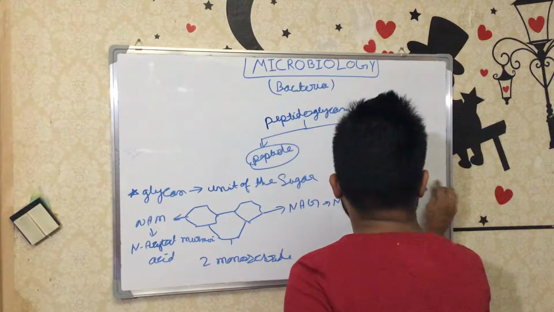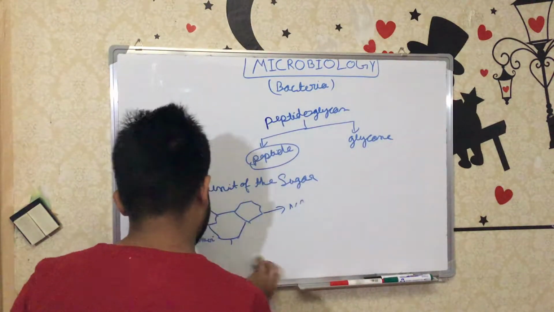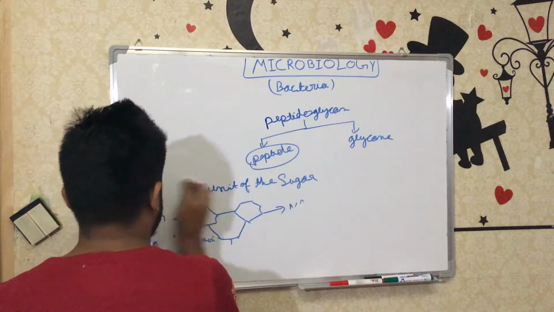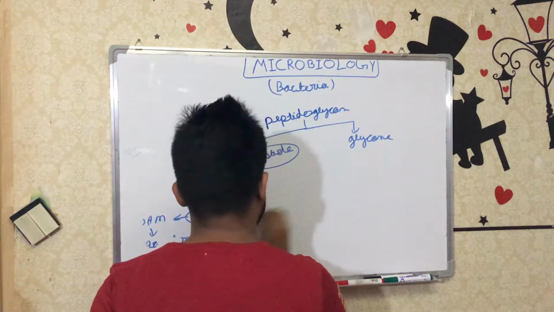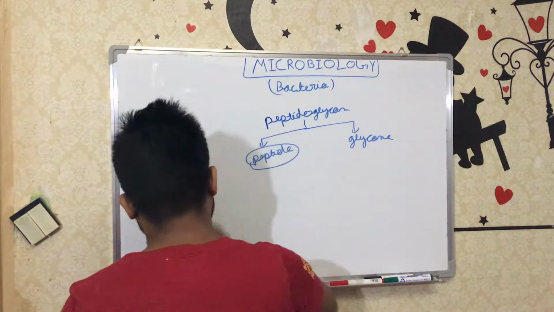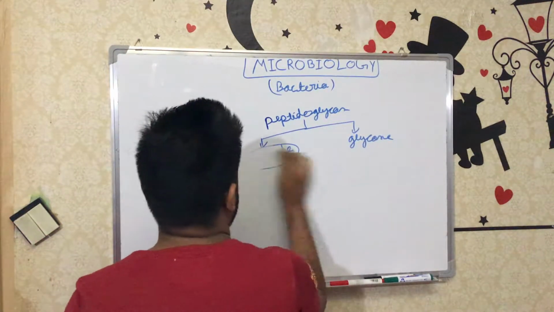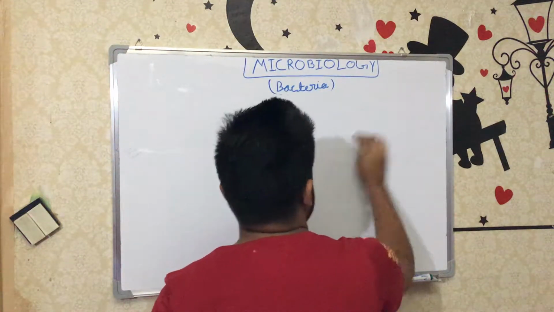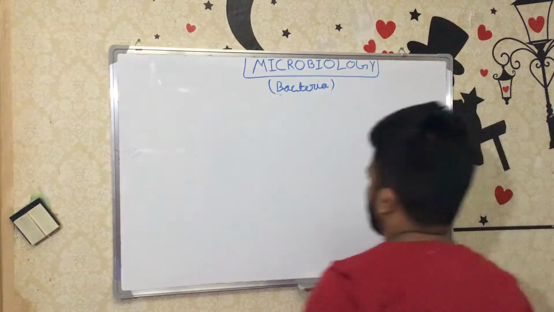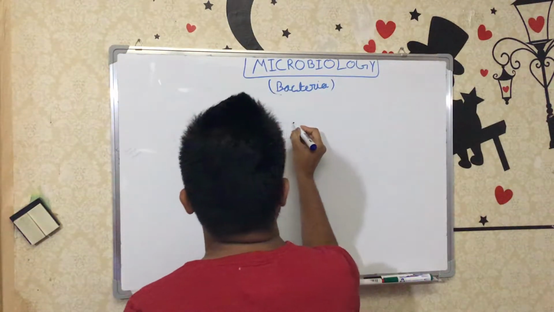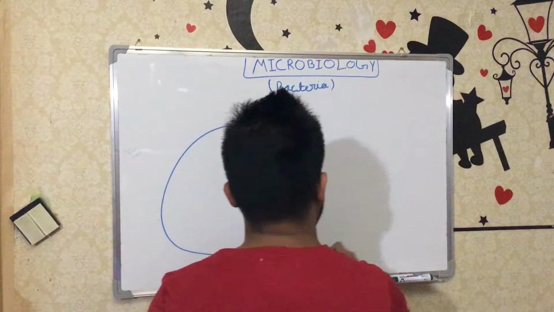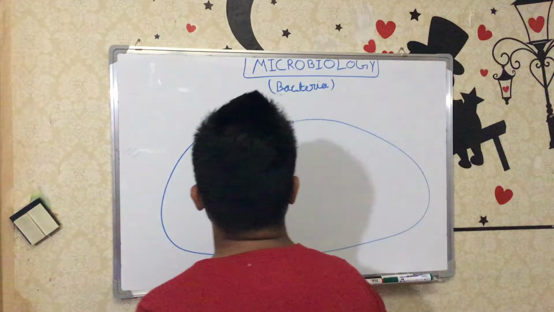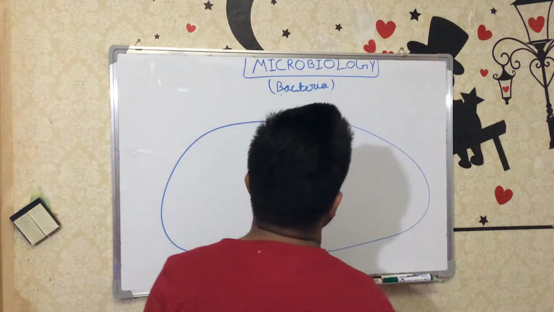For example, this is a bacteria. This is a baby bacteria.